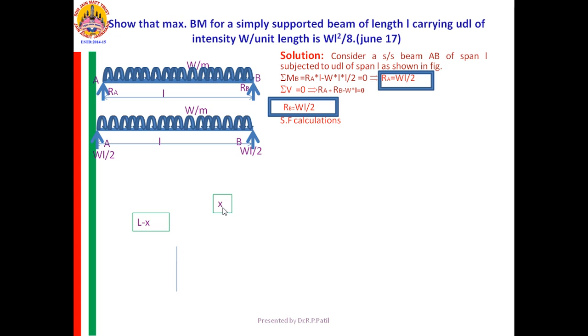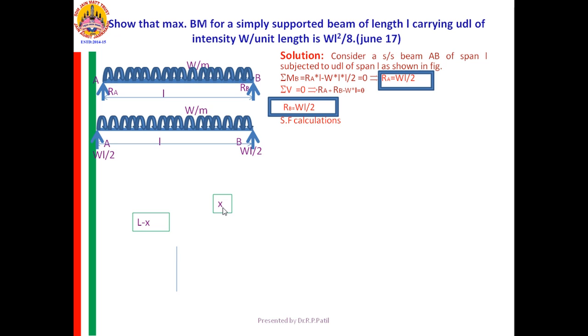Now coming to the SF calculations, tell me where all you are doing the SF calculations. At left and right of point load, at beginning and end of distributed load. Left and right of point load means I need to calculate SF at left of A, right of A, SF at left of B, right of B. Then I need to complete the SF diagram.